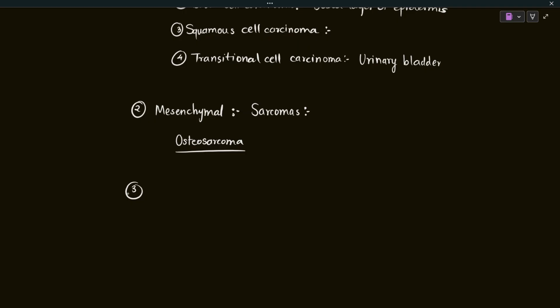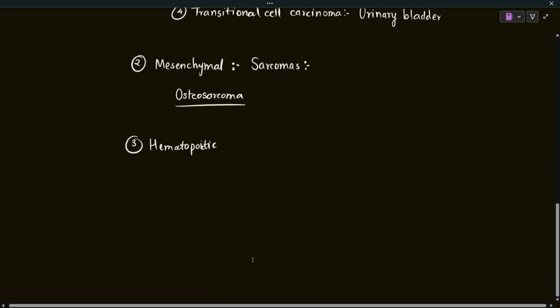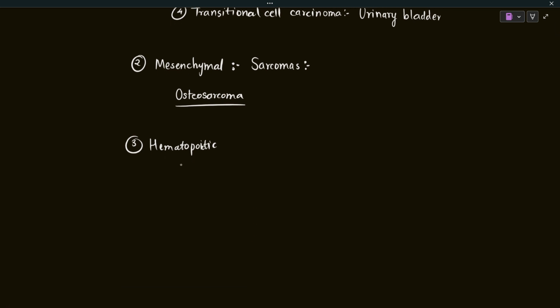If the hematopoietic cells, the cells which form the blood, or the blood cells themselves, undergo the cancer transition, we have different names depending on which cell is undergoing it.